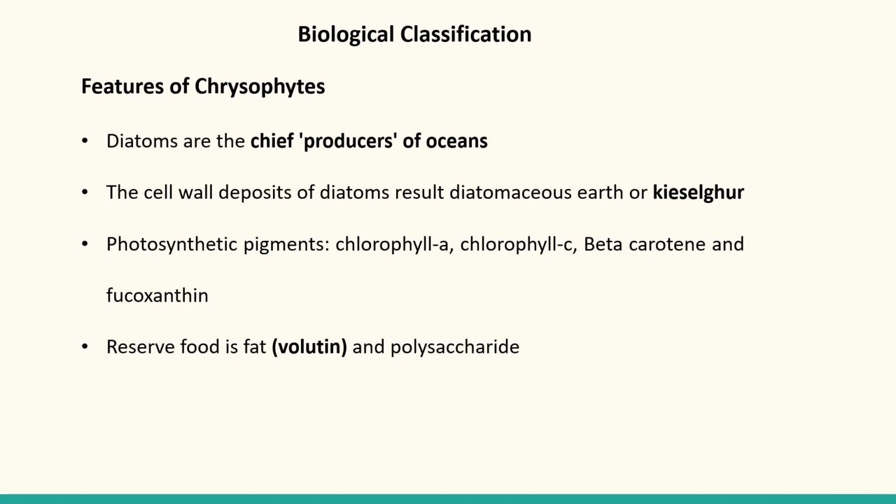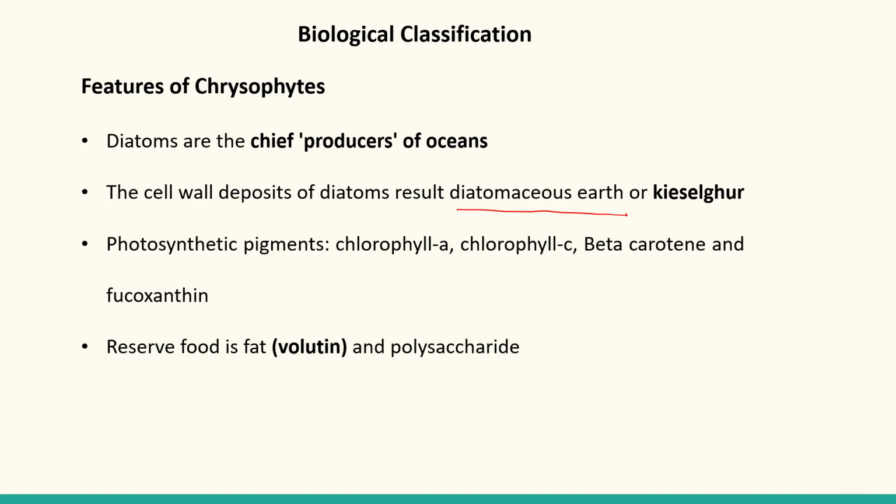The cell wall deposits of diatoms result in diatomaceous earth or kieselguhr. This is very important from the examination point of view. Diatomaceous earth is formed by the diatoms or chrysophytes. So what happens when the cell dies? Its cell wall gets deposited one over the other, and it forms a heap-like structure, a heap of dead chrysophytes.